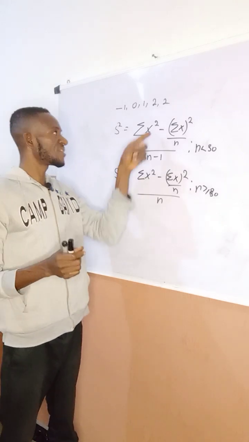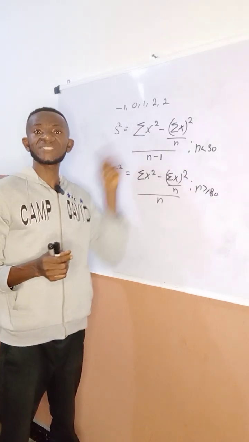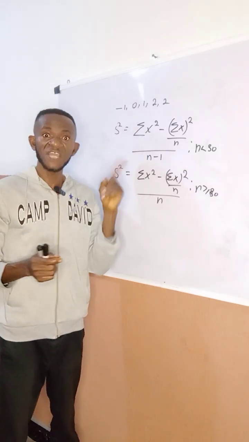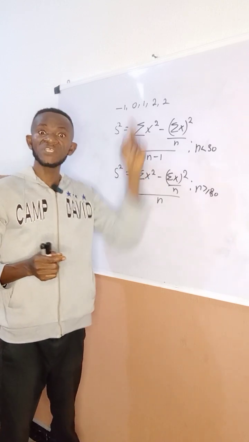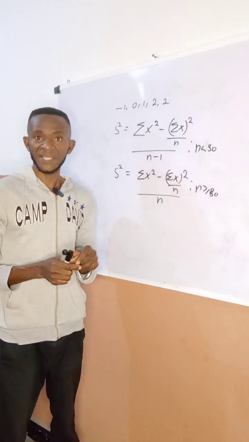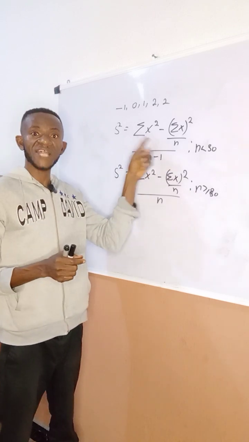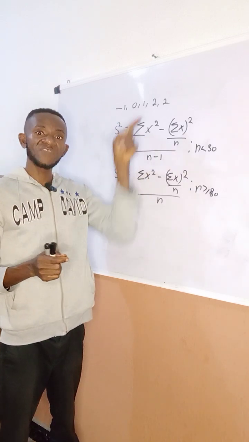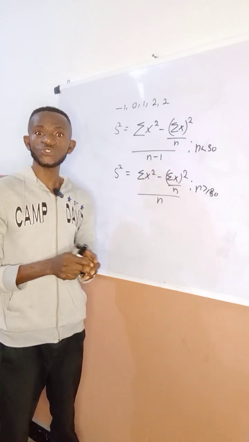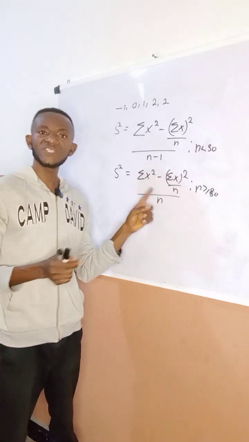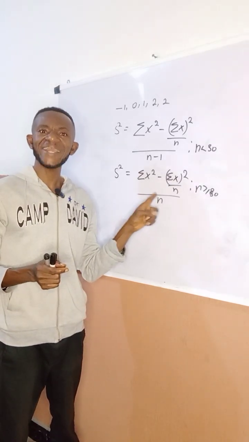We say that an estimator is unbiased if and only if the expected value of that estimator gives you the population parameter. It's only this one whose expected value gives the population parameter, which in this case is sigma squared. But this one doesn't give that, so it is a biased quantity.